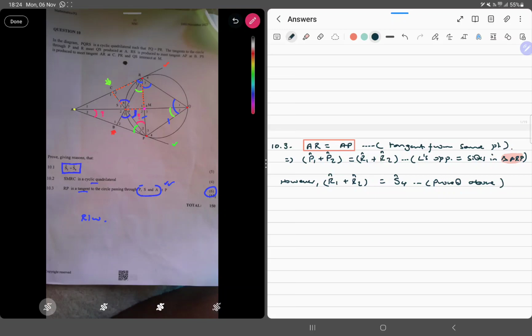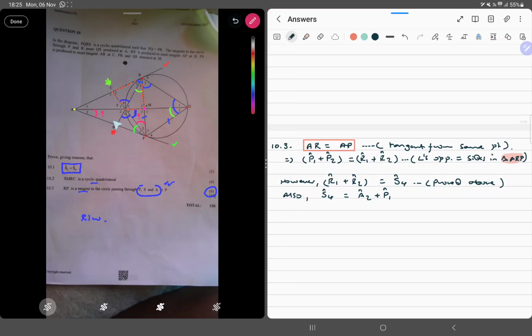This means essentially AP, maybe let's drag this one, or maybe let's leave this one. It doesn't matter. We can say, okay, now what can we say? We know that also, what, mister? We know that S4 is equal to what angles? It's going to be equal to angle P1 plus A2, or we can say A2 plus angle P1.